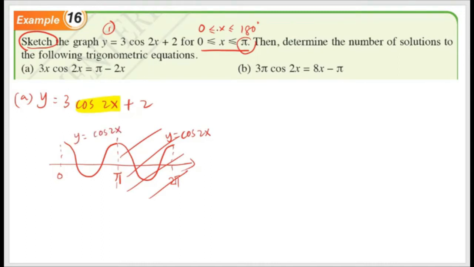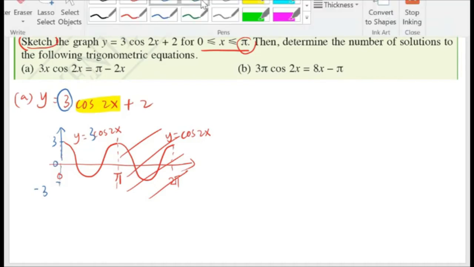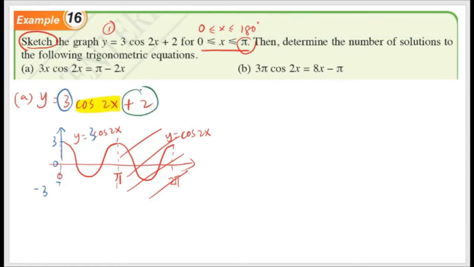Now how about the 3? The 3 means the amplitude. The amplitude is 3. Up is 3, then the bottom is negative 3. So 3, 0, negative 3. Then after this, plus 2.